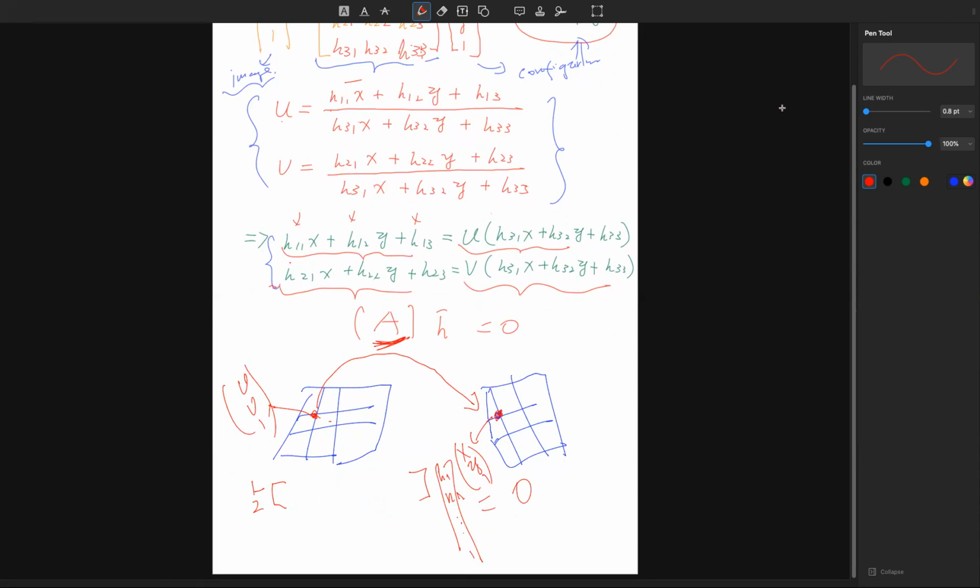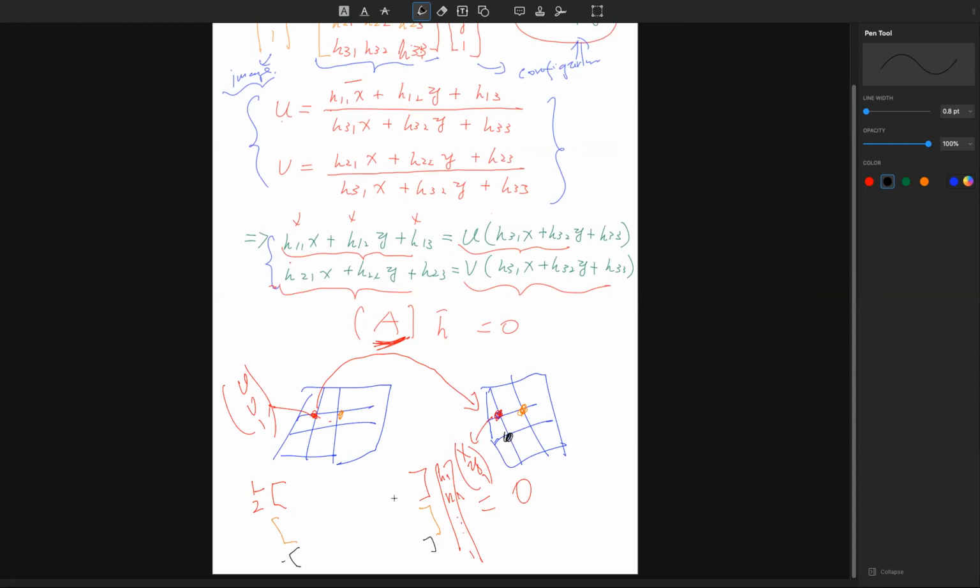The more points you have, you add another two more lines. Then with another point, you have another two more lines. You just keep on stacking until you get a matrix A, which has more lines than the number of unknowns.